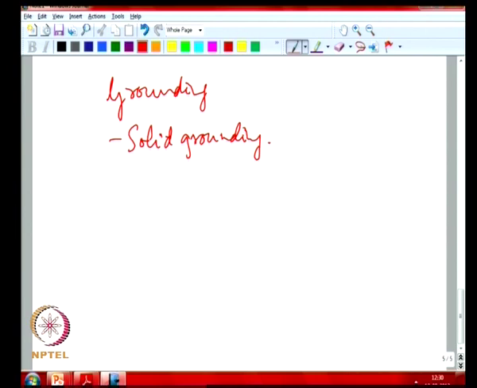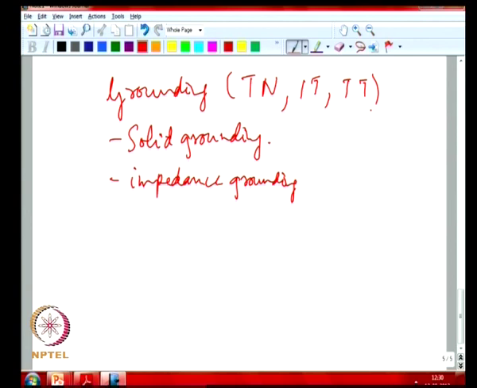You can have impedance grounding. People sometimes talk about IT networks, where your neutral is connected to terra through impedance. You might see terms like TN, IT, TT, etc. So, there are various ways of grounding. You can have multiple grounding.